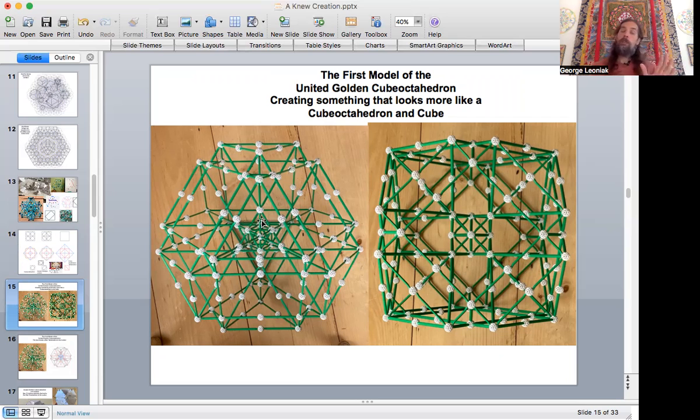Now, the cool thing is when you do that, what will be produced in the middle, because remember, one golden cuboctahedron, where's my little blue golden cuboctahedron? Remember, that makes that nice little tetrahedron right in the middle. Well, if I have two, there is a star tetrahedron and a cube produced in the middle now.